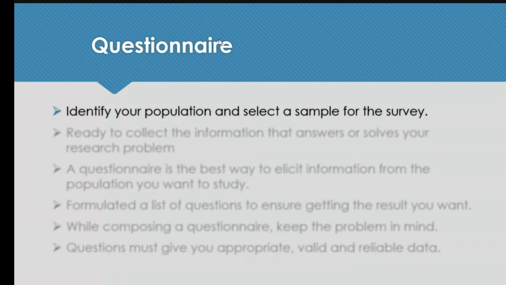First, as I mentioned already, identify your population and select a sample for the survey. So here you must be ready with your population and your sample. Population is, for example, devotees or something. Maybe you can select anything.